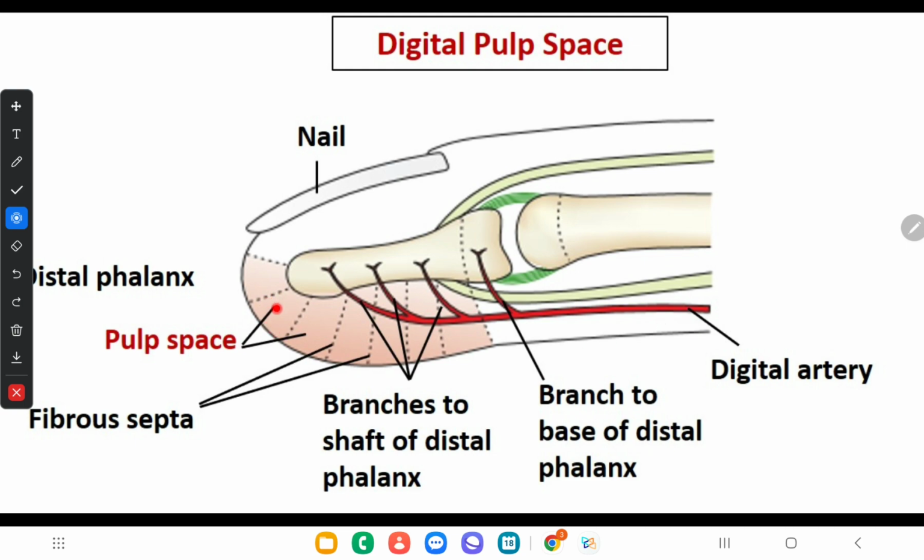As you can see here, this is the digital artery. It gives a branch to the base of the distal phalanx and several other branches to the rest of the distal phalanx. The branches which supply the shaft of the distal phalanx go through the pulp spaces, but the branch which supplies the base of the distal phalanx does not go through the pulp spaces.